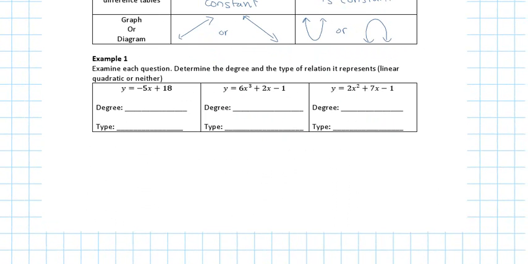And type is linear. How about the second one? Degree 3. It's neither. Excellent. You see the highest degree here is degree 3. You always look for your highest degree.